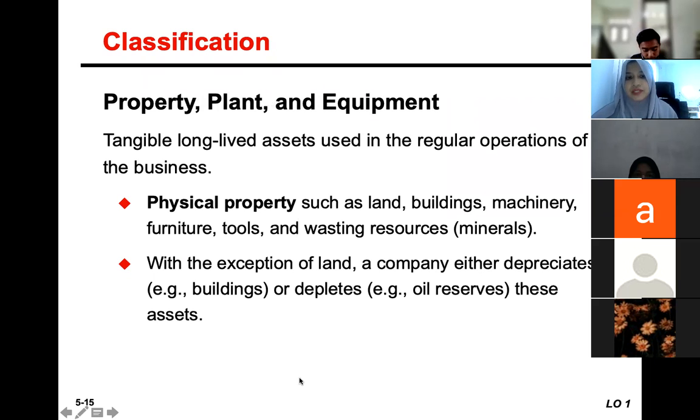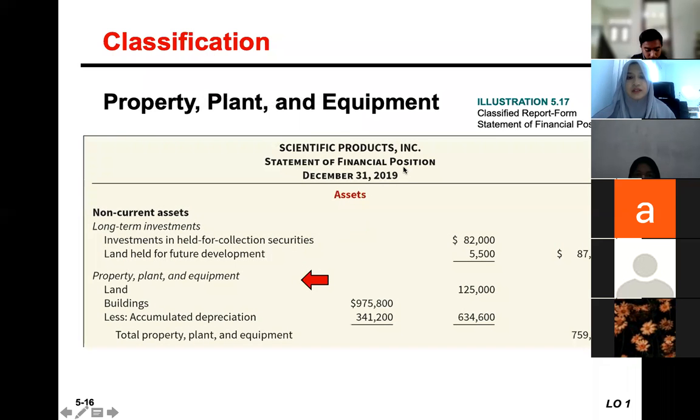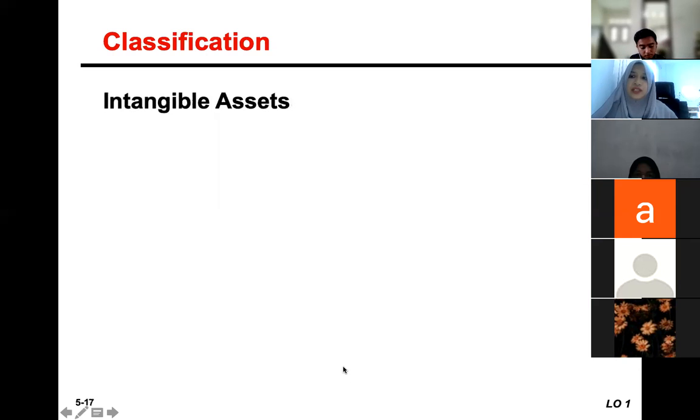Okay, so when we say tangible, it must be physical. It can be seen, such as land, building, machineries, furniture, and other long-term assets. Now we discuss a little bit about intangible assets, even though there will be a specific topic about intangible assets later on. We did it in intermediate accounting also.